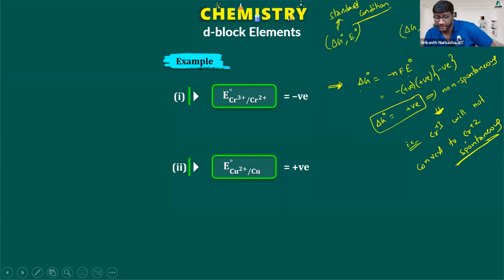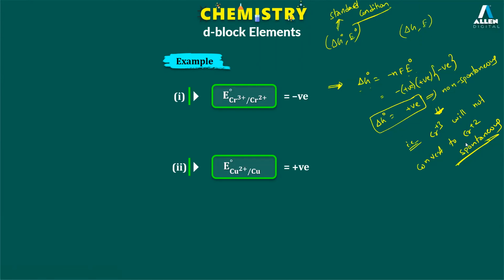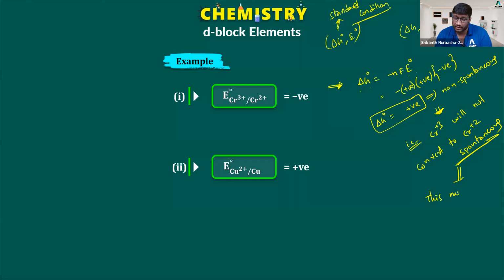Cr+3 is more stable. Cr+3 is more stable because Cr+3 is not converting into Cr+2 spontaneously. That means Cr+3 is more stable.